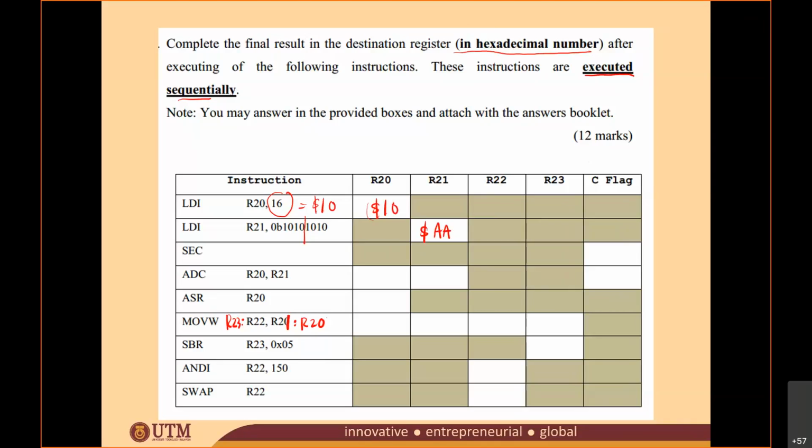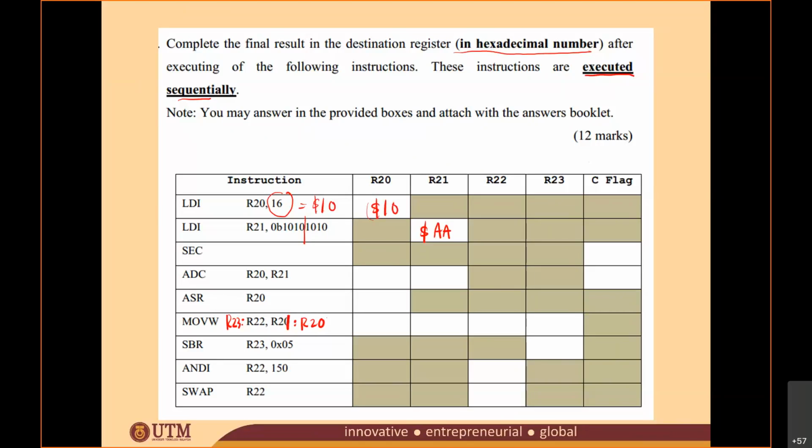Okay, next, SEC. So what does the SEC do? By referring to your instruction set summary, SEC stands for set your carry flag. So what happens to your carry flag? Your carry flag after you execute this instruction will have what value?